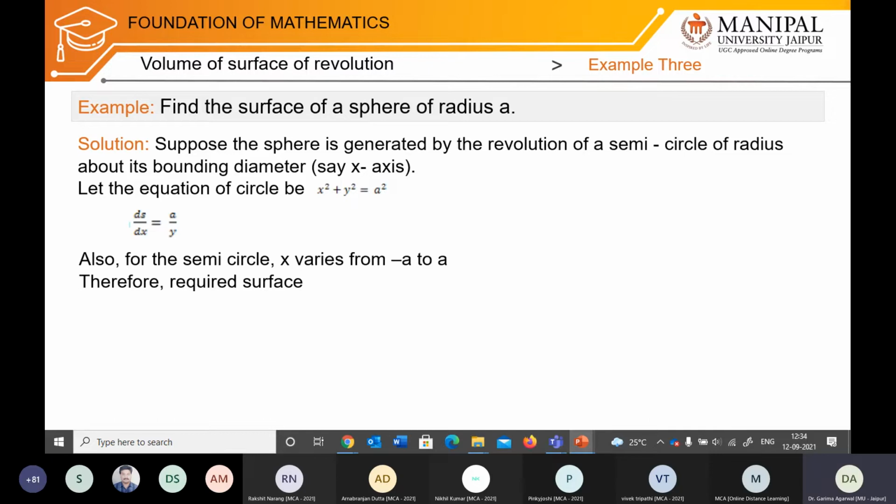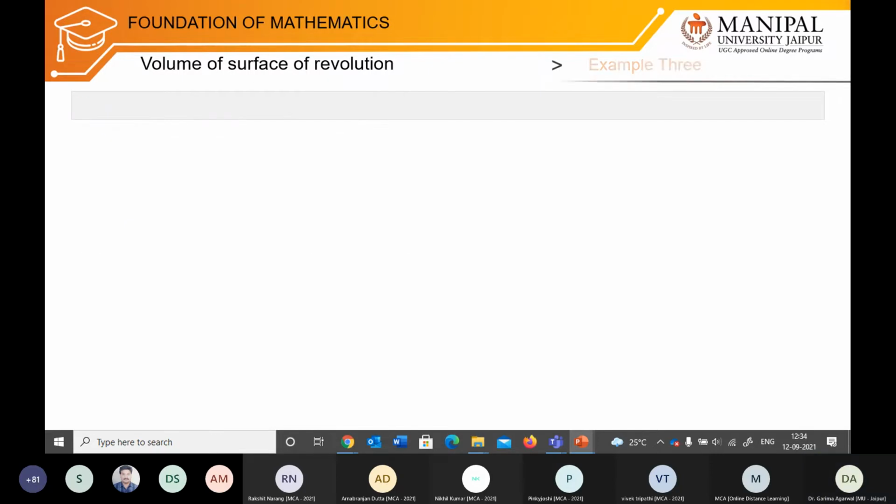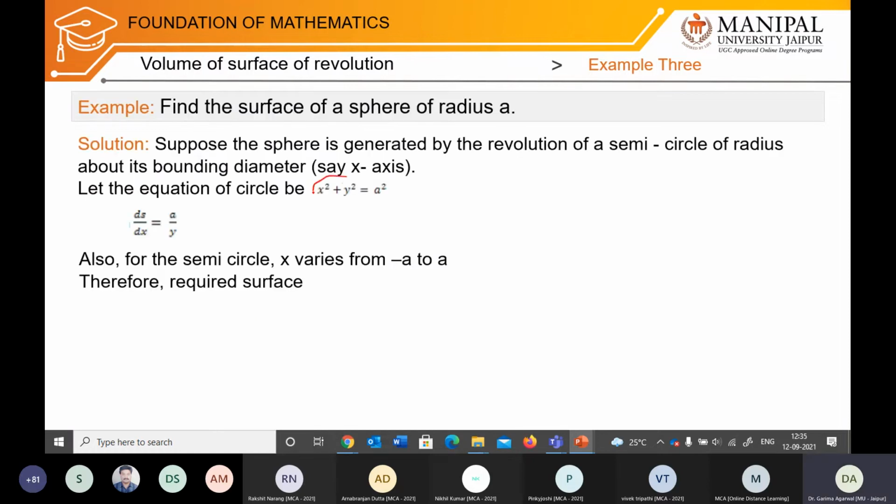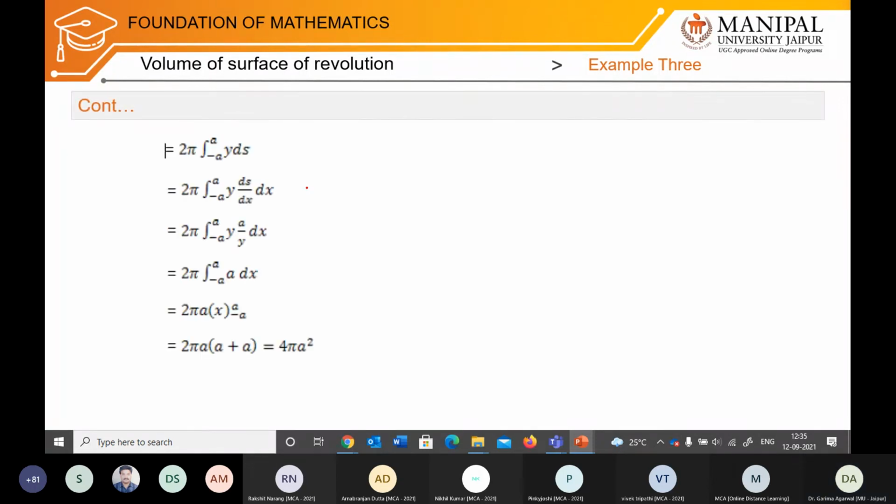The next question is find the surface of a sphere of radius a. So this is the equation of a sphere. ds by dx will be a by y. Now this is our formula to find the surface, 2 pi y ds. The value of ds will be, that is, s is arc.